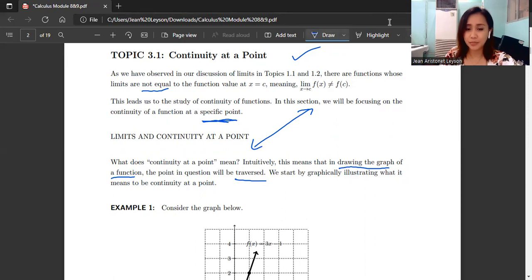If it's a parabola, again, it's continuous, can be facing upward or downward. As long as it can be traversed, it is continuous in nature. So we start by graphically illustrating what it means to be continuous at a point.